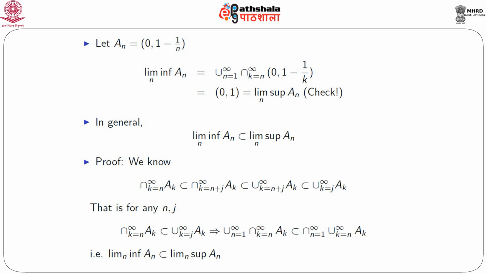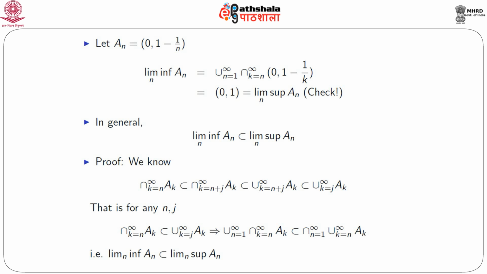Now, we will take a few more examples. Consider the interval a_n defined as [0, 1 minus 1 over n]. Now, if we start with the lim inf, by definition, it will be the union over n from 1 to infinity of the intersection over k from n to infinity of [0, 1 minus 1 over k].